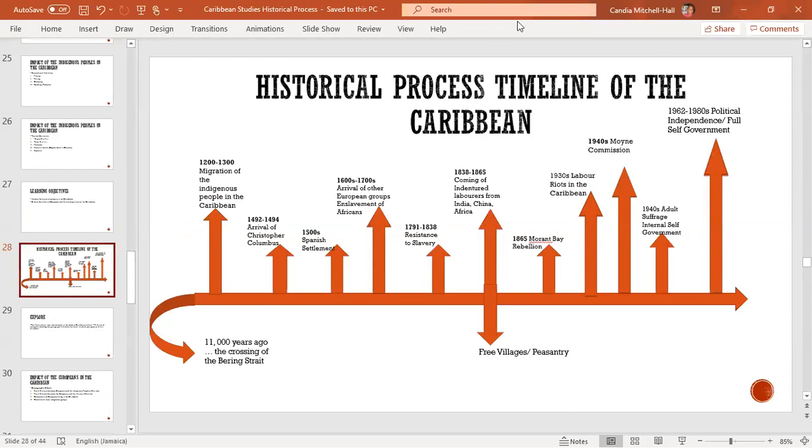which period would we have looked at last, based on our timeline? 11,000 years ago, crossing the Bering Strait. Yes, and the migration of the indigenous people in the Caribbean.